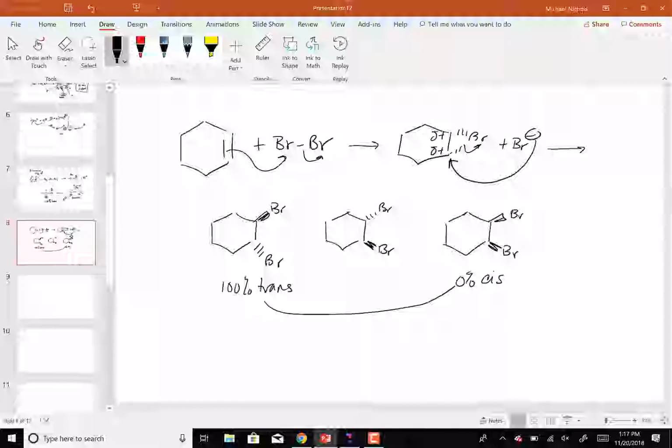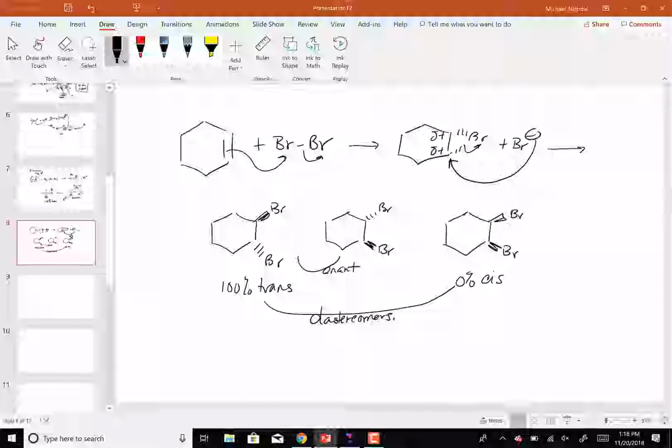Are those two different stereoisomers? They're not the same, they're different, and what's their relationship? Those are enantiomers and those are diastereomers. So these were enantiomers and these are diastereomers. So they're two different stereoisomers. I'm not getting the same product when I add 100% cis and 100% trans.